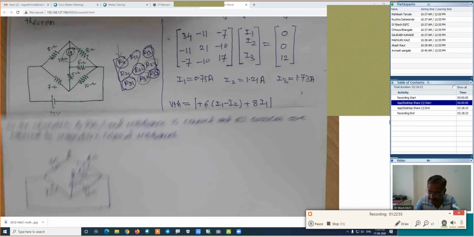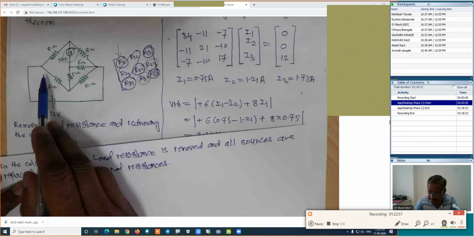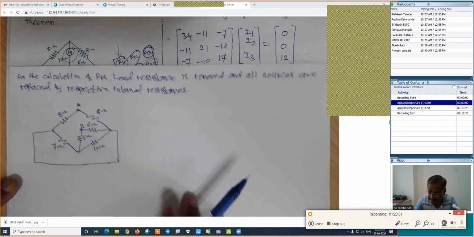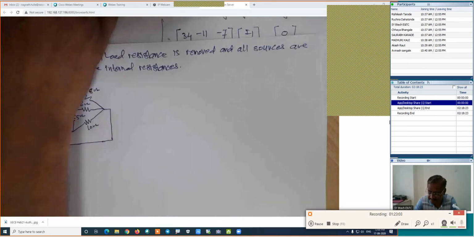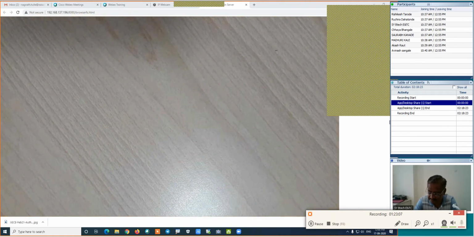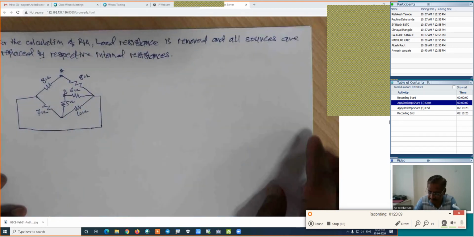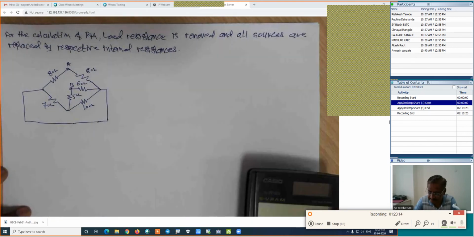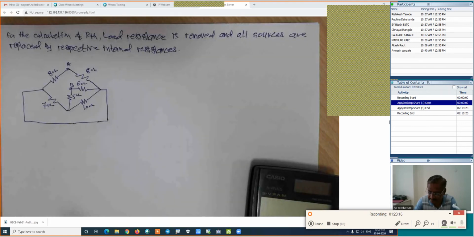This is the figure, because this voltage source is replaced by zero resistance. This is the figure for the calculation of RTH. Now, I expect the answers from your side. How will the series and parallel combinations be?